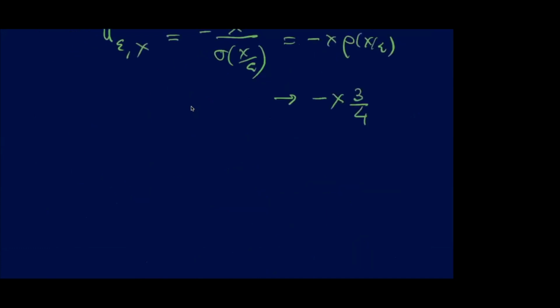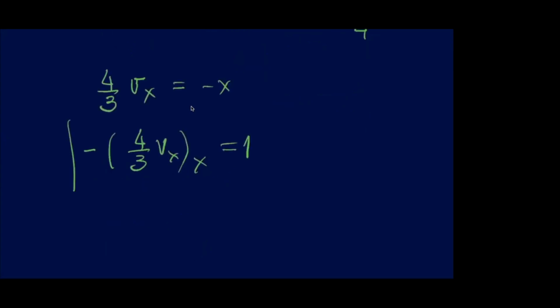And then if I write the limit equation in a PDE manner again, I put the 3 over 4 on the other side, then the limit will be something like this, or if you want, minus 4 over 3 Vxx equal to 1. So what did I show?